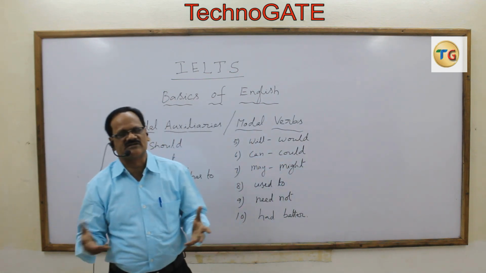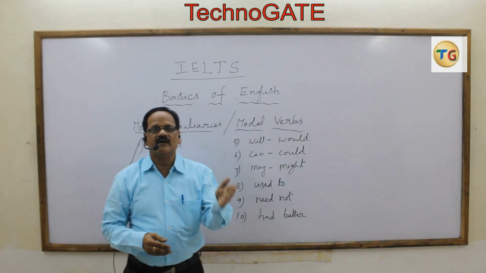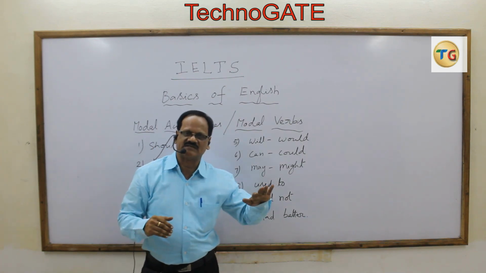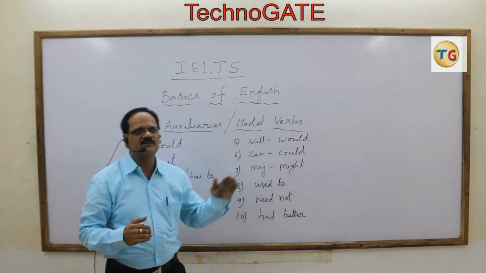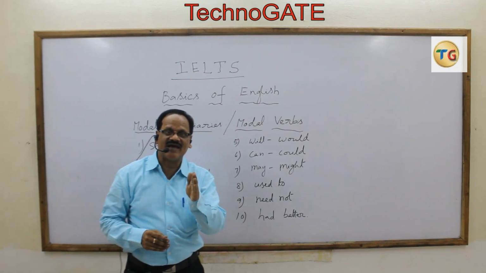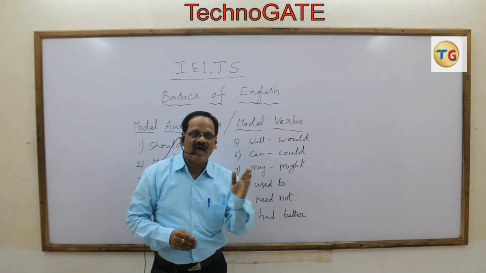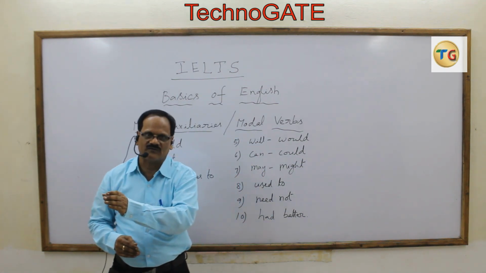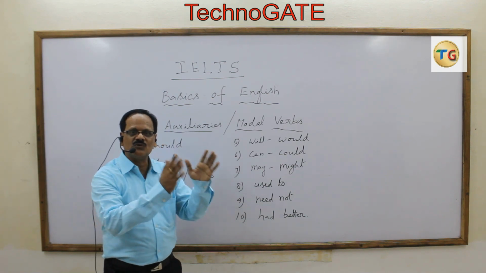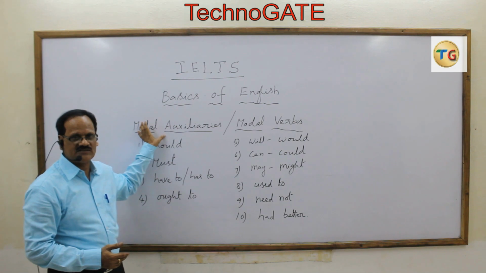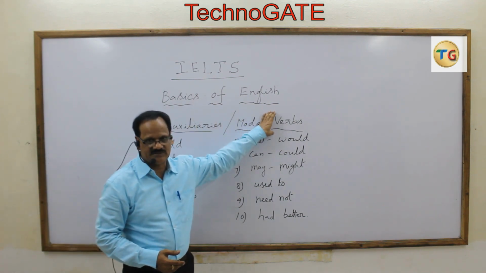And auxiliary verbs are is, am, are in present, was, were in past, will be in future, have or has for present perfect, had for past perfect, will have for future perfect. Apart from those verbs, we have modal auxiliaries or modal verbs.